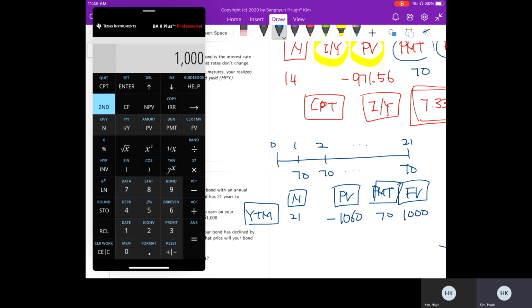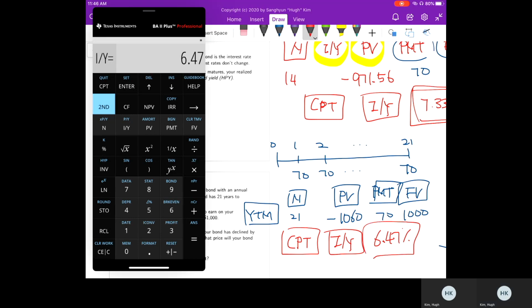So 1000 FV, 70 PMT, negative 1060 PV, and 21 is N. Now I compute I over Y. I'll get 6.47%.